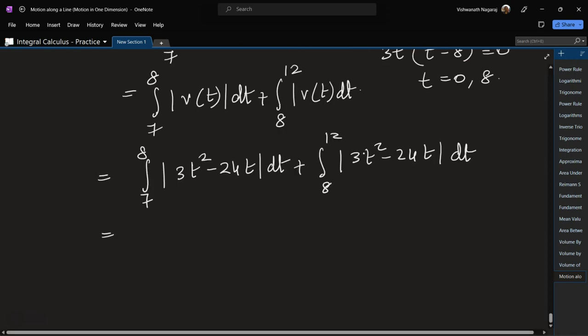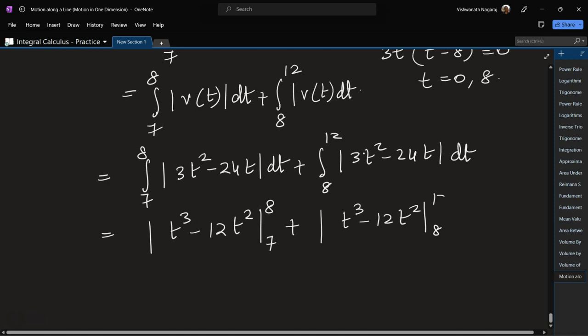Okay, now let's integrate. We get absolute value of 3t cube by 3, that is t cube minus 12t square from 7 to 8, plus again absolute value of t cube minus 12t square from 8 to 12.